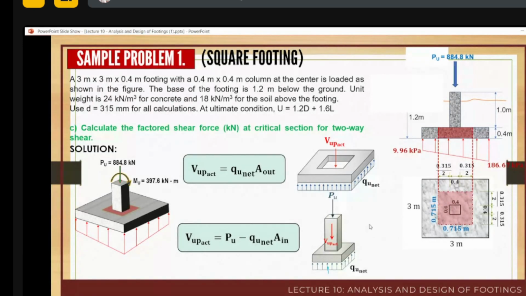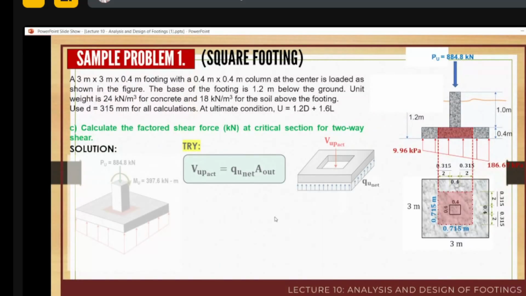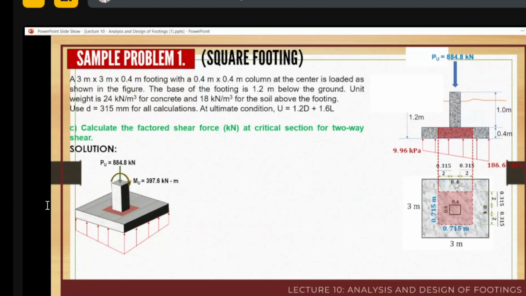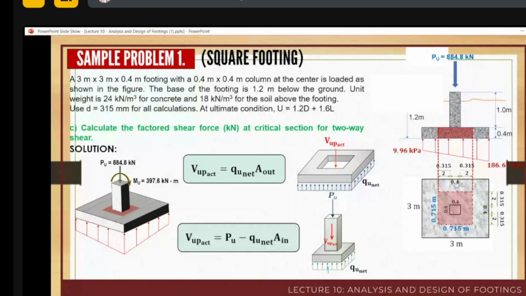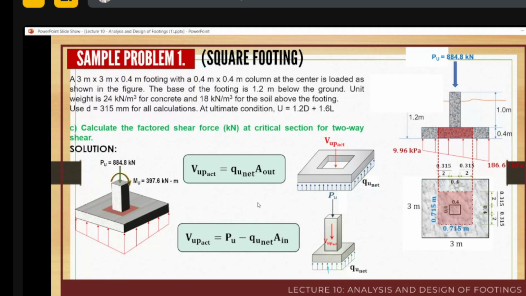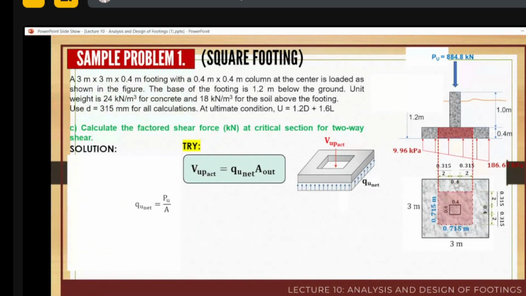And then, to compute, let us try the first consideration. No? So, kung VU katong outside ng area. So, if we use this formula, then we determined already the VU, yung factored shear force, combined loads. Then the area outside is 3 times 3, so that's 3 squared.